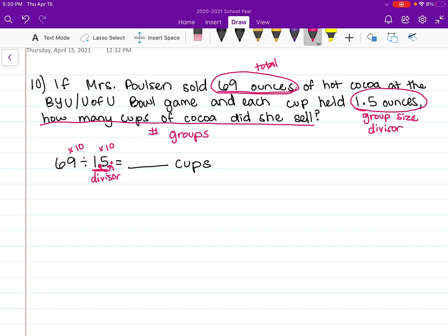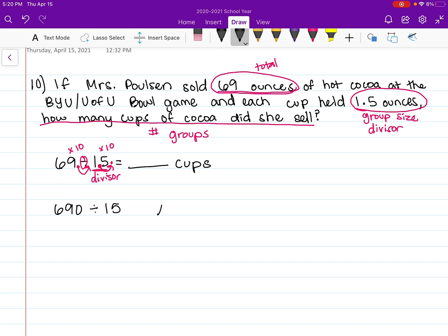Or you can think, well, 69, where would my decimal go? It would go after my whole number. So my decimal would go right there. I need to move the decimal one place value to the right. Since there's no number there, I just will put a 0. Either way, I'm going to get 690 divided by 15.